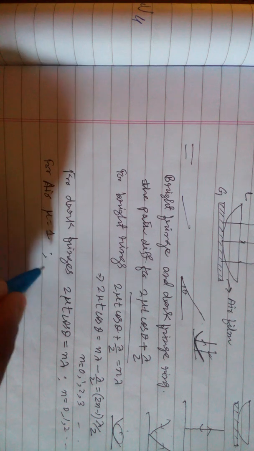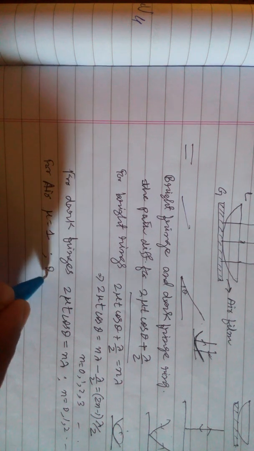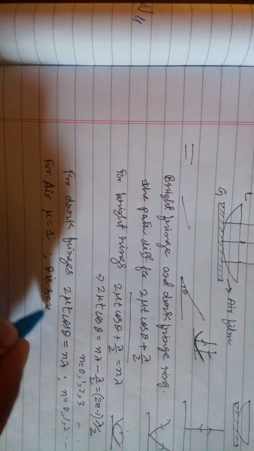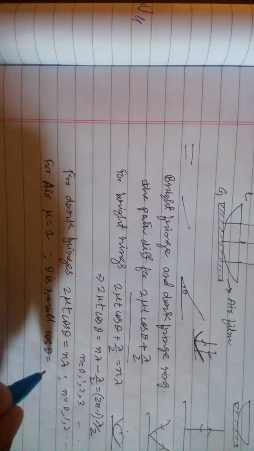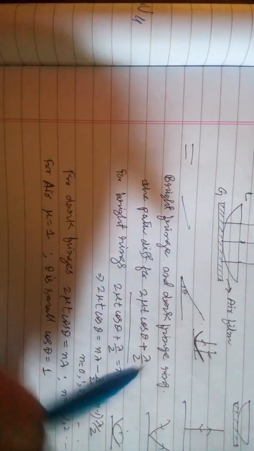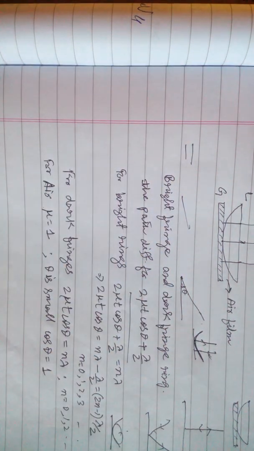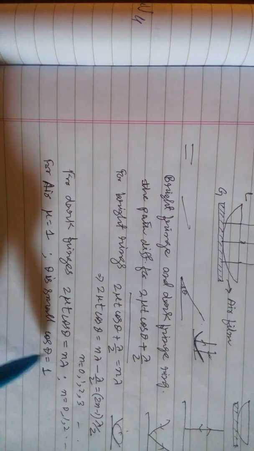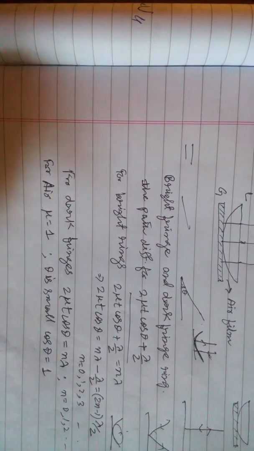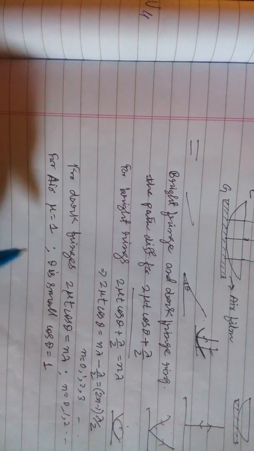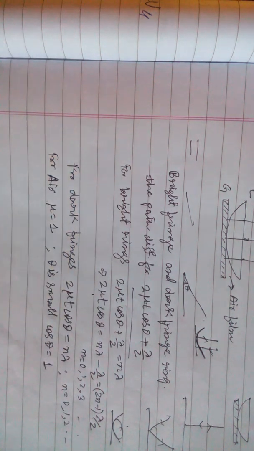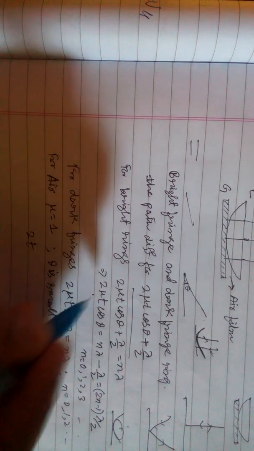And as theta is small, because it is a wedge shape, this angle is very small, not a very large angle. When theta is very small, then cos theta is always 1 and sin theta is theta. Since cos theta is 1, from these two conditions for dark and bright, we get 2t.